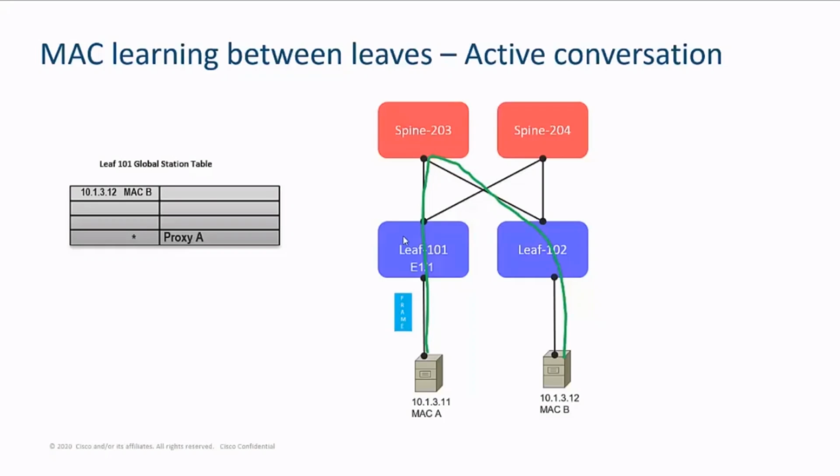So that's another important concept as well. We'll talk in much more depth about COOP, that Council of Oracle Protocol, and endpoint learning in a later topic. But for now, I just wanted to get you familiar with endpoint learning because you have to understand a little bit about that to understand the path of the packet in ACI.